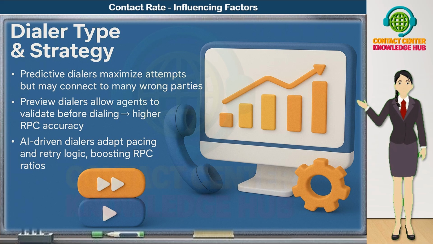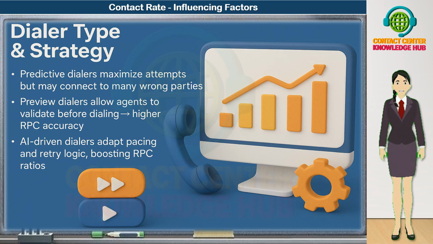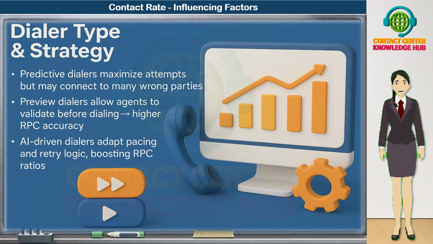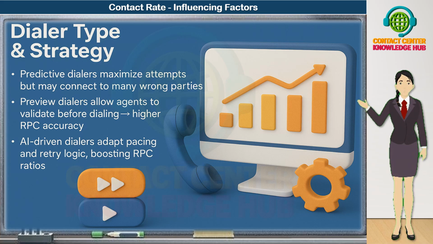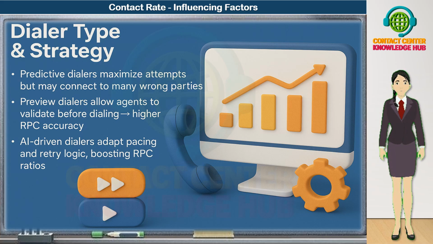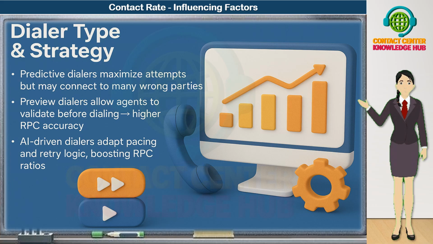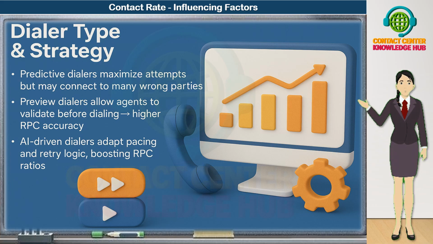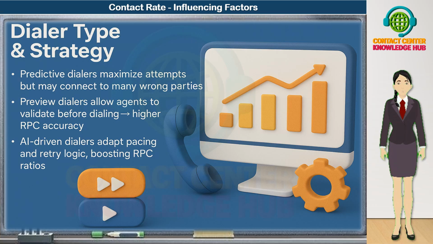properly optimized. A preview dialer, on the other hand, allows agents to review before making the call. This results in fewer attempts, but with higher right party contact accuracy and better quality conversations. And now, with AI-driven dialers, contact centers are achieving the best of both worlds.